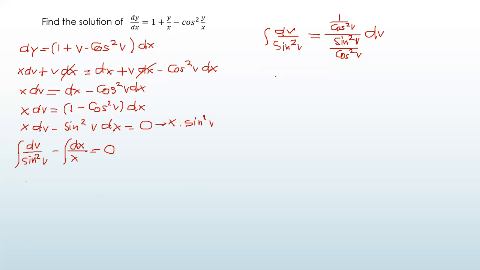And sine squared over cos squared is tangent squared. So it becomes the integral of 1 over cos squared phi over tangent squared phi dv. Okay, I will use another substitution.